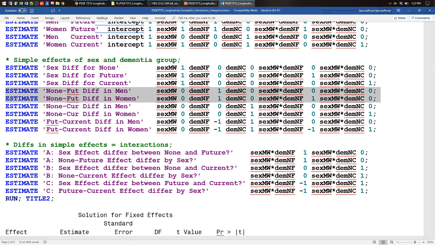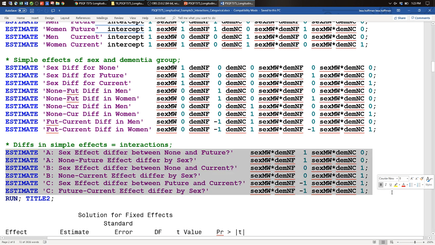So there are 3 possible distinct interactions implied by this model. If you look at the numbers here, the first 2 lines give you one of them. The second 2 lines give you the second. Those are the 2 that I have asked for specifically given my coding. The second one I can think of as how the sex difference differs between none and current, or how the none-current difference differs by gender.